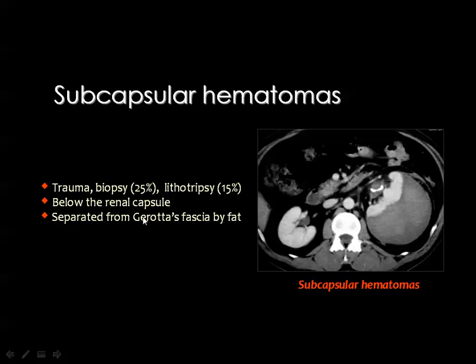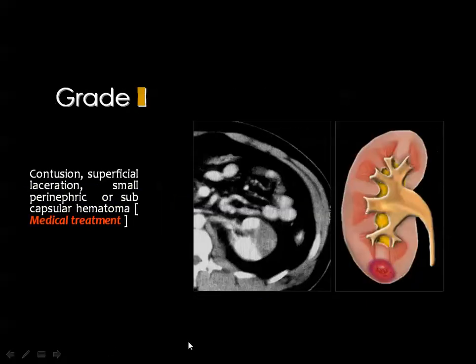And the subcapsular hematoma may result from CT-guided biopsies of the renal parenchyma or cases of lithotripsy, and the hematoma is of course present below the renal capsule, not outside the renal capsule, and is separated from the Gerota fascia by the perinephric fat. And this is the Gerota fascia, this faint line, and this is the fat, and this is the subcapsular hematoma.